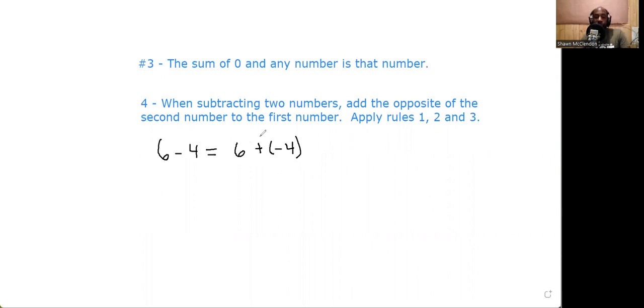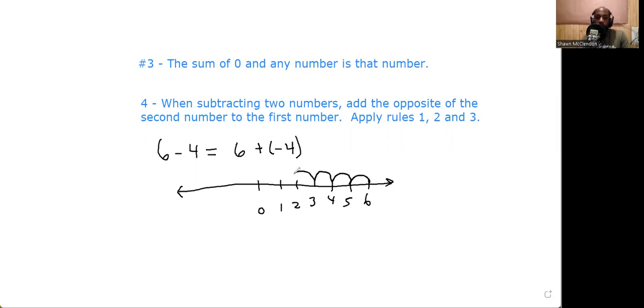Okay, so 6 plus -4. And again, you can see how it works on the number line. So you have 6 plus -4. So 6 plus -4, 4 in the negative direction, is 2. And like they said, apply rules 1, 2, and 3.